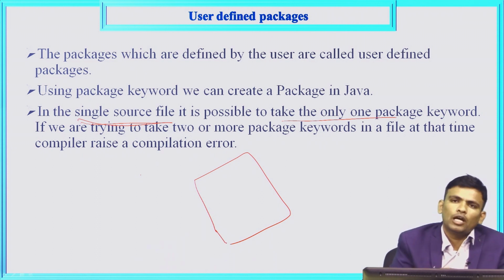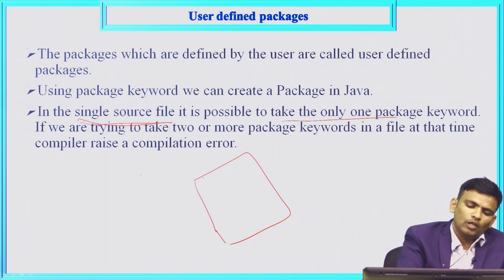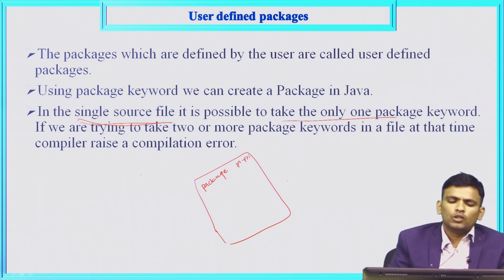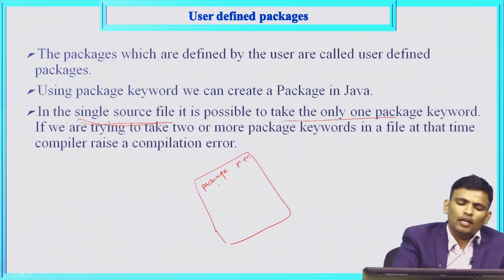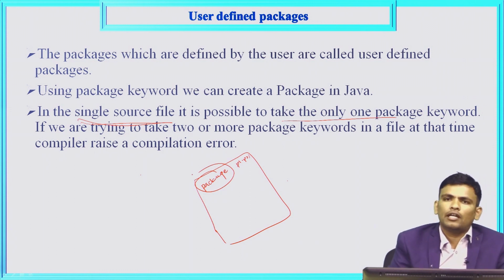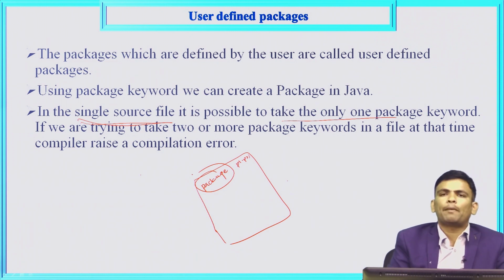Here you need to use the package keyword and the package name, say p1.p2. For a single source file, we need to take only one package keyword. If you take multiple package keywords, it will throw a compile time error. Only one package keyword is allowed for a single Java source file.